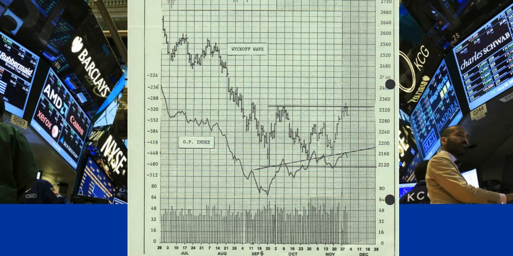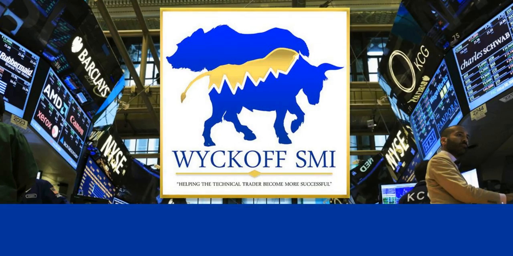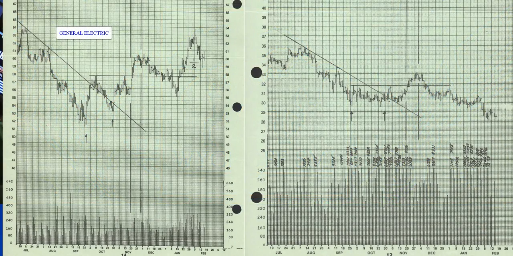In this case, we have three low points, one on September 28th, one on October 29th, and one on November 19th. These are at progressively higher levels. Any potential long candidate should have this same pattern. Only two of the stocks could have survived this test. They were General Electric and Exxon, with Exxon just barely qualifying.